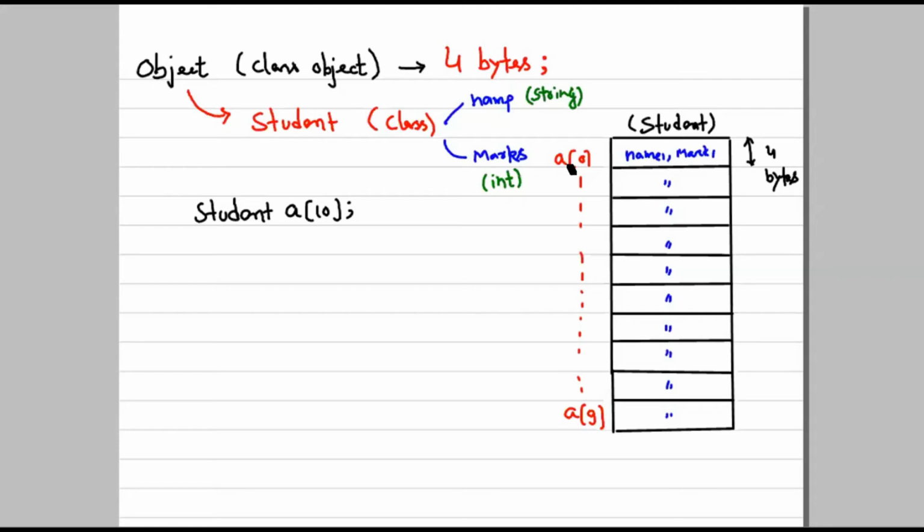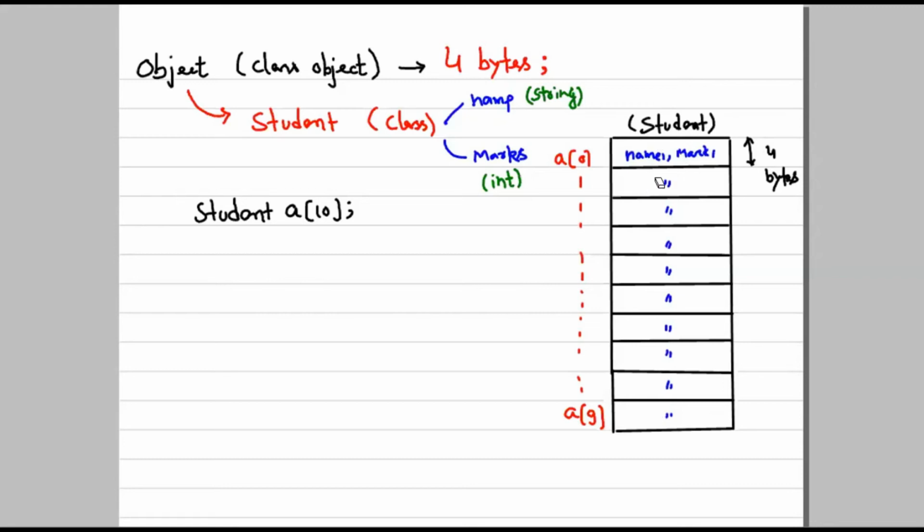It depends on how much data it is containing inside the class. So let's say A0 element would store the first object, and A9 would store the 10th object of this student class. Each and every object has these name and marks variables. The values would be different, but the type of variable would be the same in each and every object.